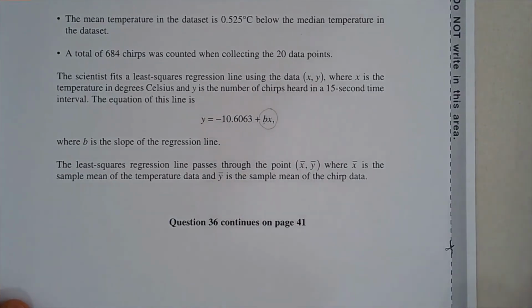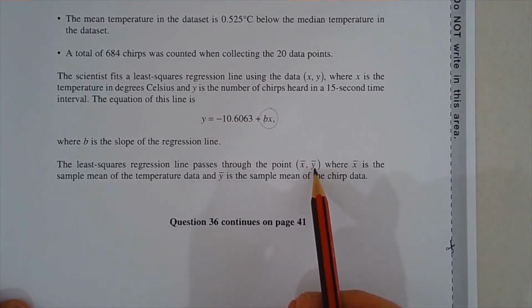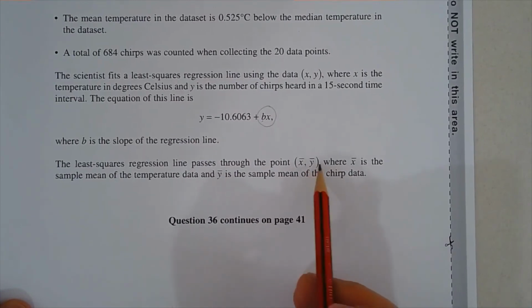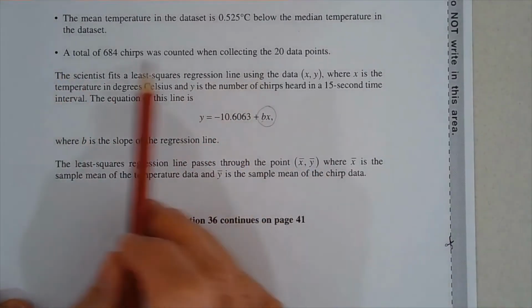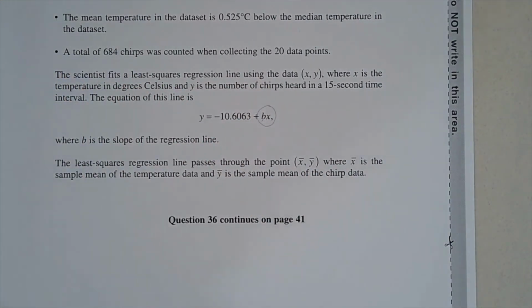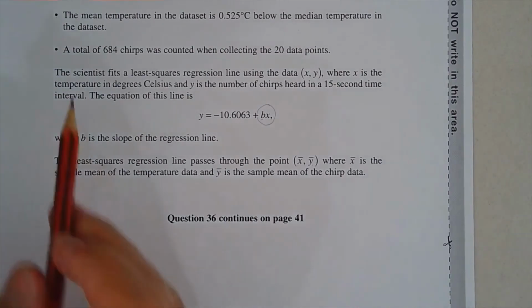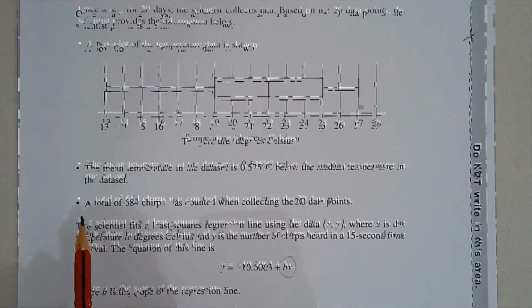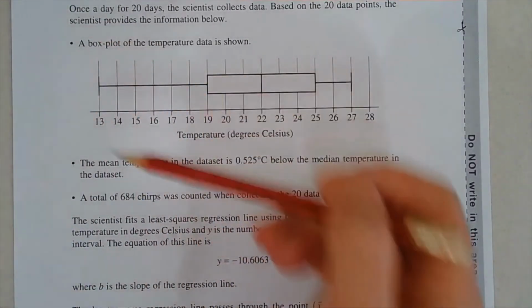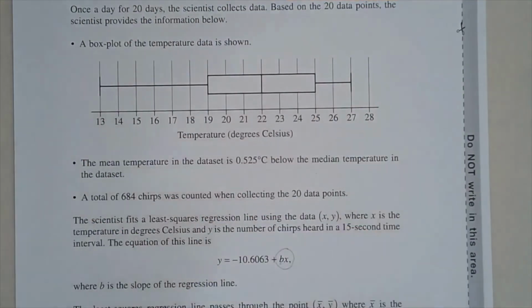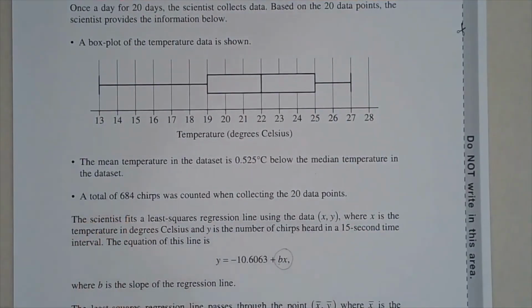Okay, now the next thing we need to work out is y bar. That's the average of the chirps, or the sample mean of the chirp data in a 15-second interval. And the third point, so let's make sure we get the number of points correct, first, second, third point, will give us y bar.